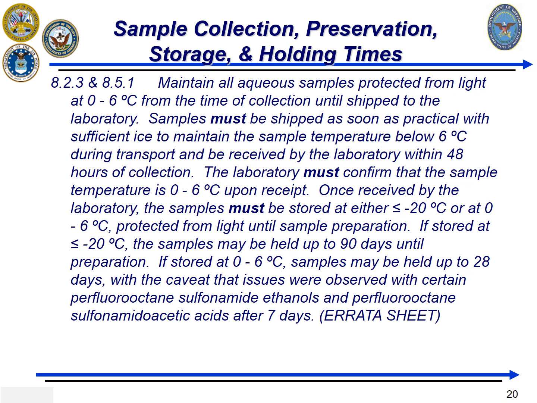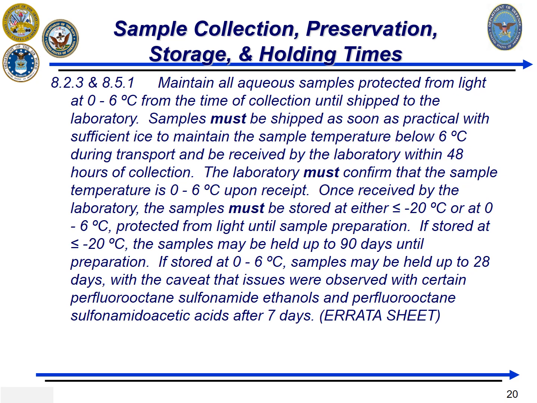The samples must be shipped as soon as practical with sufficient ice to maintain the sample temperatures below 6 degrees Celsius during transport and be received by the laboratory within 48 hours of collection. The laboratory must confirm that the sample temperature is 0 to 6 degrees Celsius upon receipt. Once received by the laboratory, the samples must be stored at either less than or equal to negative 20 degrees Celsius or at a 0 to 6 degree Celsius temperature range, protected from light in both cases until sample preparation.